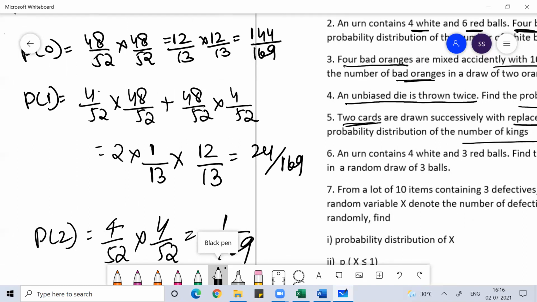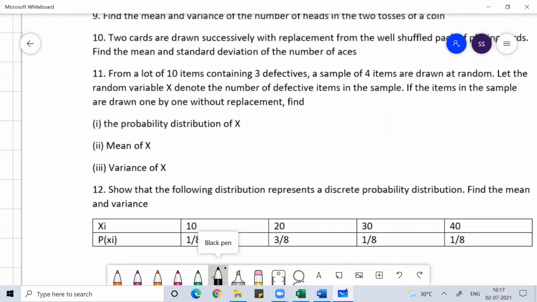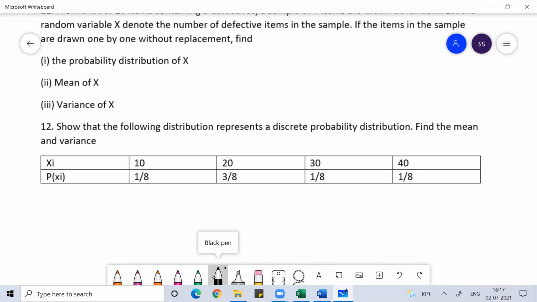So right now we're only talking probability distribution. Next class we'll do the question, like in the exam, where the x is given and the probability is given. Show that the following distribution represents a discrete probability distribution.